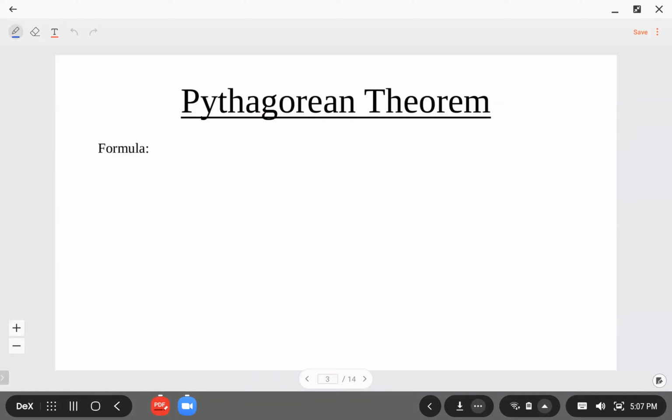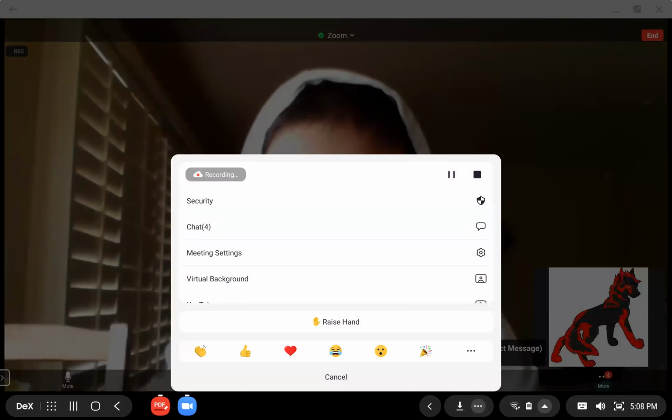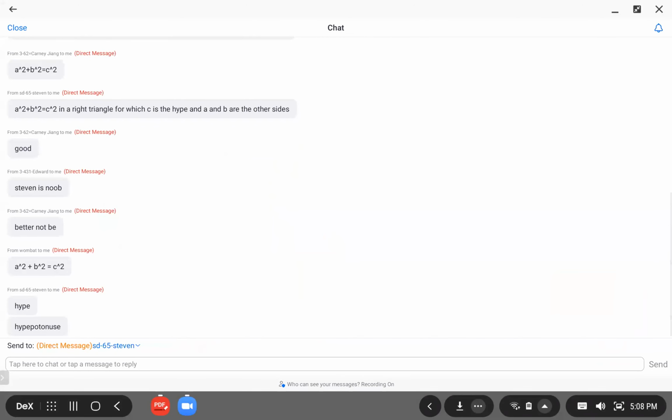Okay, so let's begin the Pythagorean theorem. Does anybody remember what the c side is called again? I just said it. What is the c side called? It's supposed to be the longest side. Yes, it is called the hypotenuse.